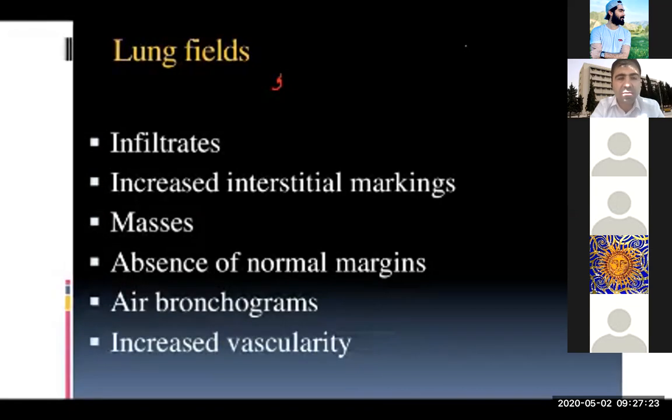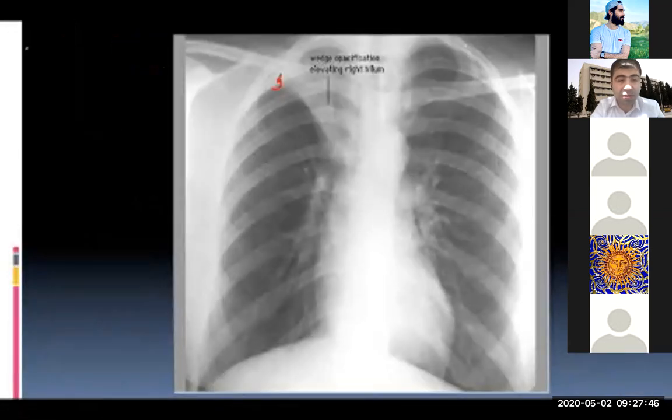So the lung fields, we have to check for infiltrates, for any increase in interstitial lung markings, for any masses, for absence of the margins, and air bronchogram, where you can see air within the bronchial tissue, and any increase in the vascularity. For example, in this case, you can see that there is opacification in the right apical zone and right upper zone.